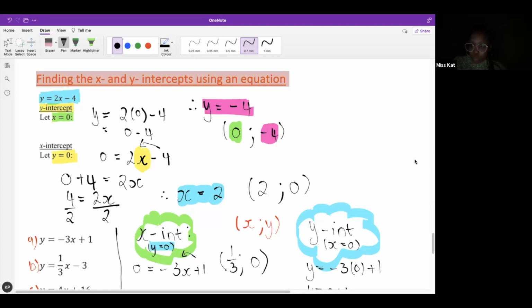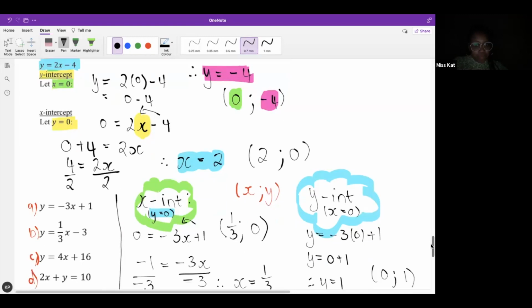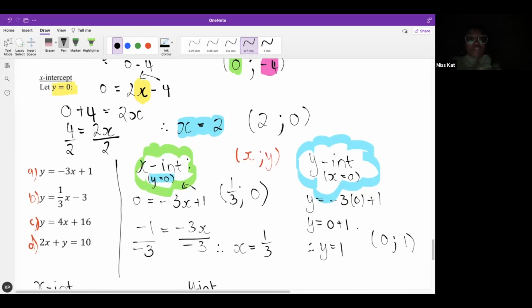Okay, Novoya, when you're looking for the x-intercept, you make the y 0, right? Yes, ma'am. So wherever there's a y, there's only a y once in this equation. There it is. So when you see a y, I put a 0. We're good so far.